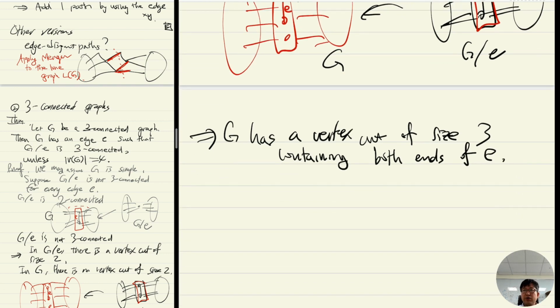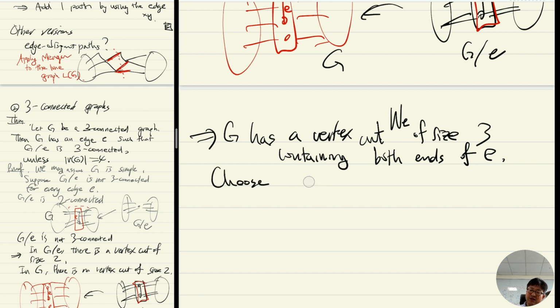All right, so let's say this is W. Now, for any edge E, I have a W, say WE.